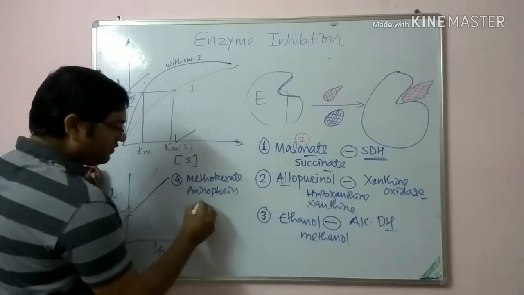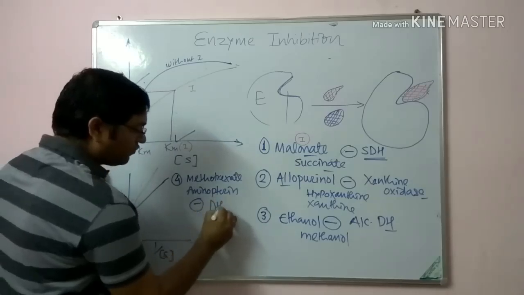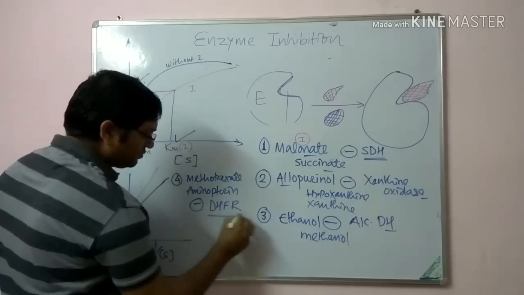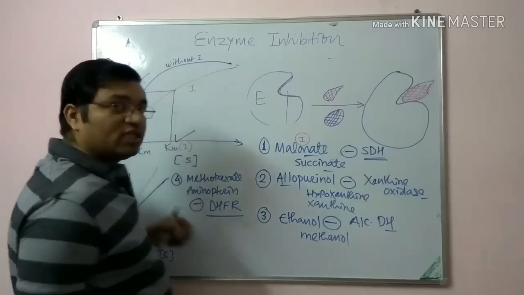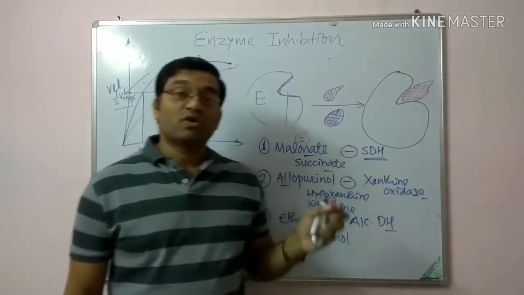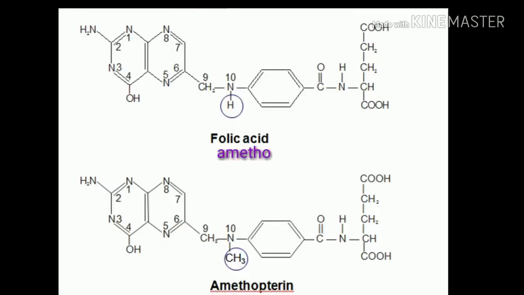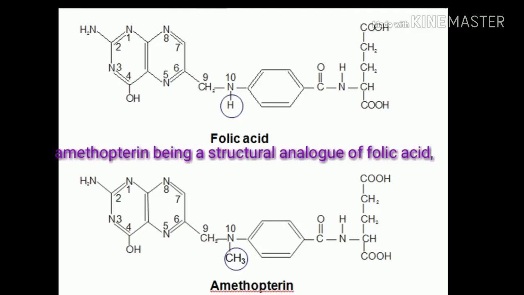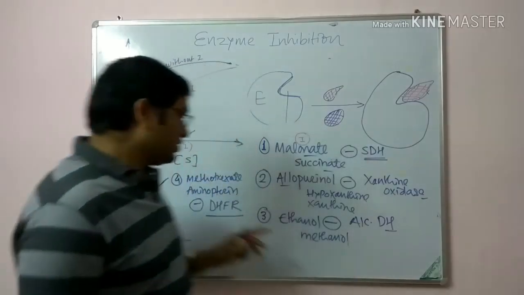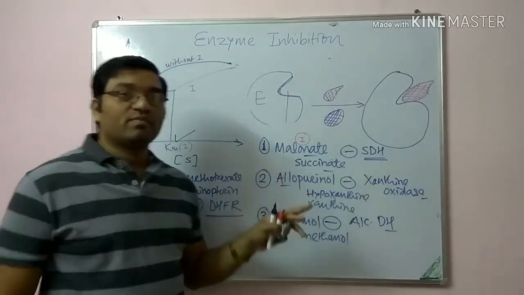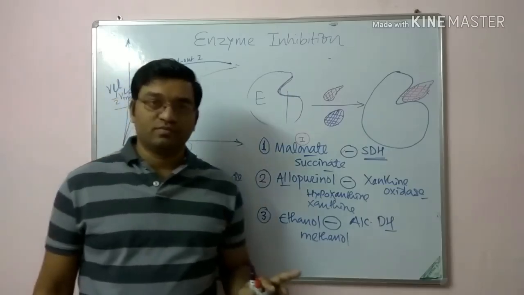These are the drugs which inhibit dihydrofolate reductase and bring about the inhibition of cell division by blocking purine synthesis. So these are the 4 important examples of competitive inhibition.